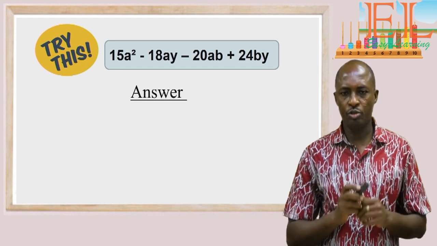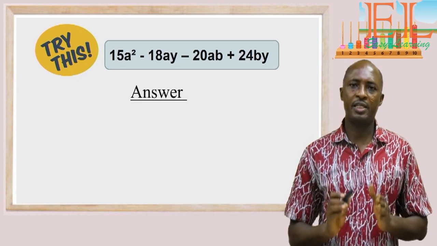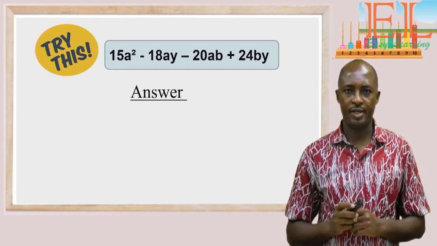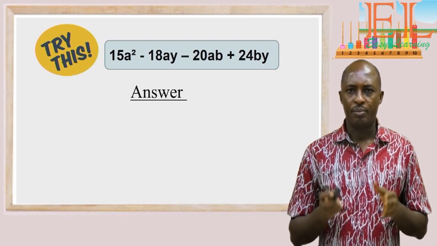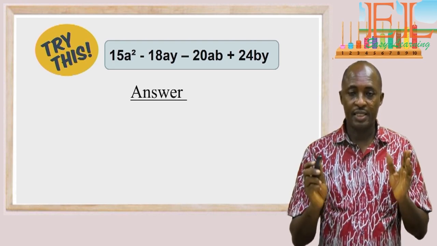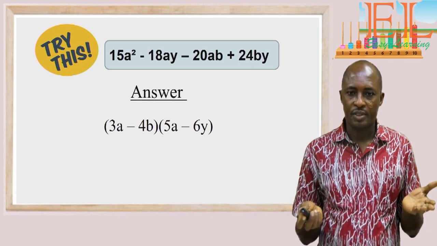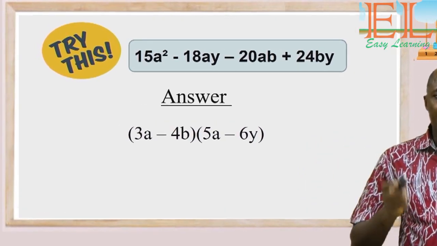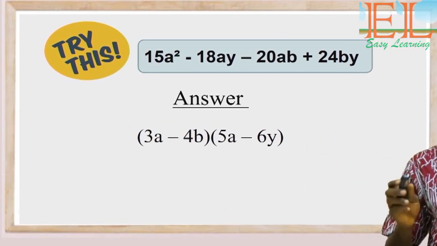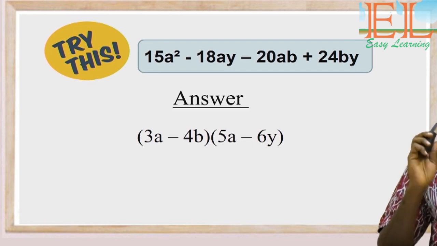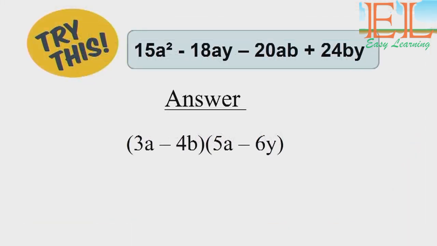And for the first 2, 15a squared minus 18ay, my highest common factor there is 3a. And for the last 2, the highest common factor is 4b. And when you factorize, you get your answer as shown on the screen: 3a minus 4b times 5a minus 6y.